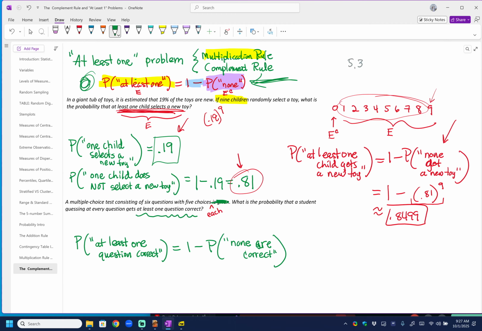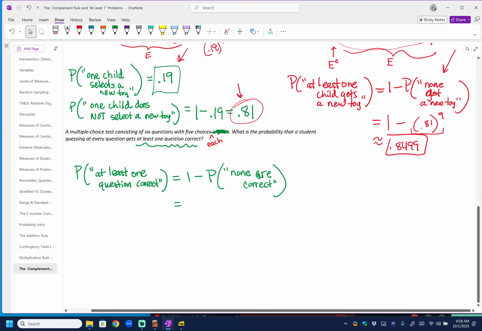Okay, so let's do some of the side work that we did before, but also for this problem. Remember, we are dealing with 6 questions here, but the initial given information with the fact that there are 5 choices is only going to deal with one question. So we want to start with what that is. If there are 5 choices, then you have a 1/5 likelihood that you're going to guess correct, which is 0.2.